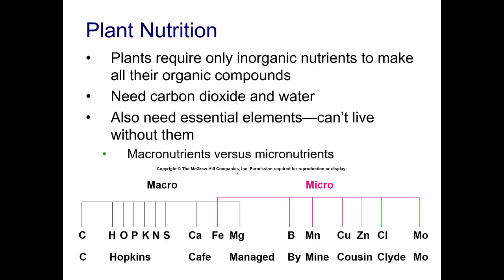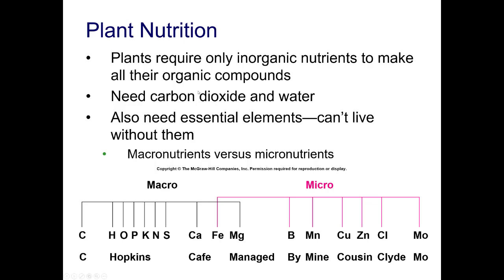Of course, another fundamental important part of plant life is plant nutrition. Most of the organic material that they're making is through photosynthesis, of course, so they need carbon dioxide and water for that. But there are a number of other nutrients, essential elements, that they really require in order to survive.